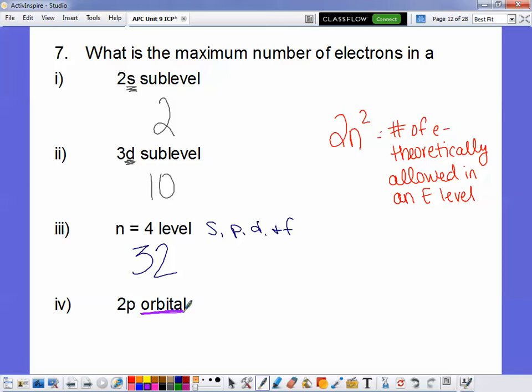Orbital. How many electrons are allowed in any orbital? 2. That's it. Just 2 in any orbital. So don't get thrown off. Like, this is a great multiple choice type question. Don't get tricked. Doesn't matter if it's 2p, if it's 1s, if it's 4d, whatever. The fact that it's an orbital, only 2 electrons. Okay? All right.